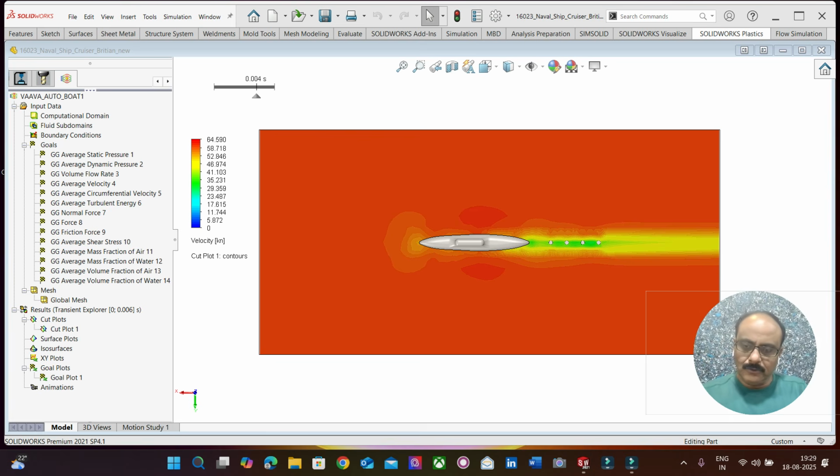So what we are going to do is define the volume fraction of air and fraction of water, because that is very important. A part of the submarine is above the water, a part of the submarine is below the water in this particular case. So we need to define what percentage of the submarine is going to be exposed to the air and what percentage is going to be below the ocean.